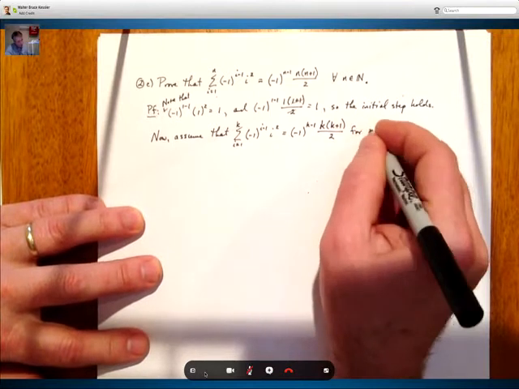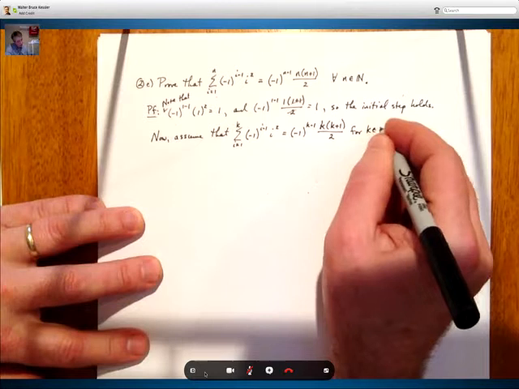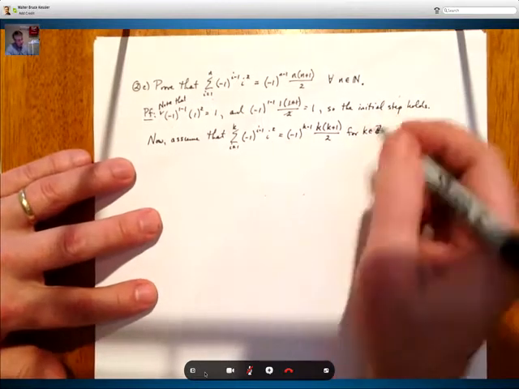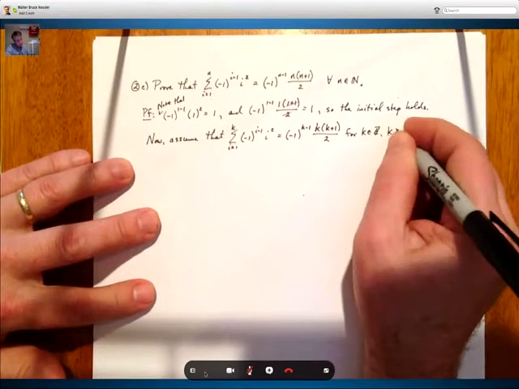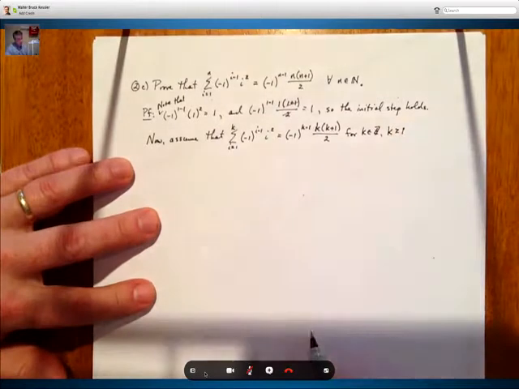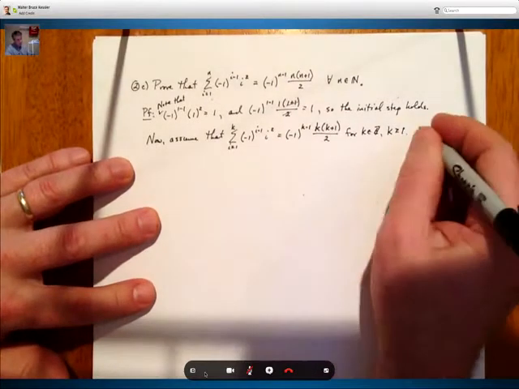And what I should have been saying all along is for integer k, right? That's very important, but I think it's kind of assumed because it's an index. But also that k is greater than or equal to our initial step number.